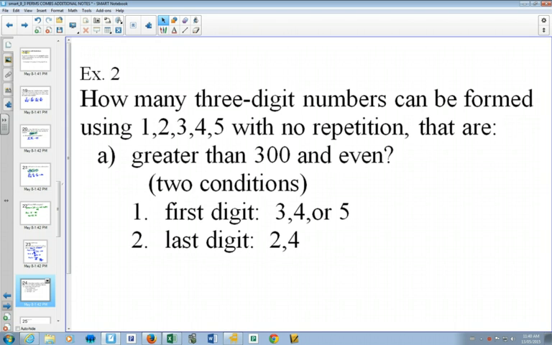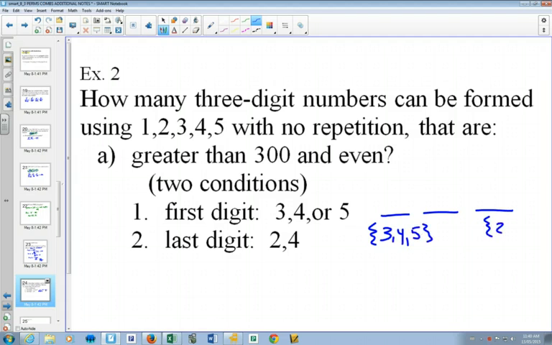So when we go and do our spaces and we have a restriction, we deal with our restriction first. But we have two restrictions. Here, our first digit is a 3, a 4, or a 5, and our last digit is a 2 or a 4. So where's the problem?